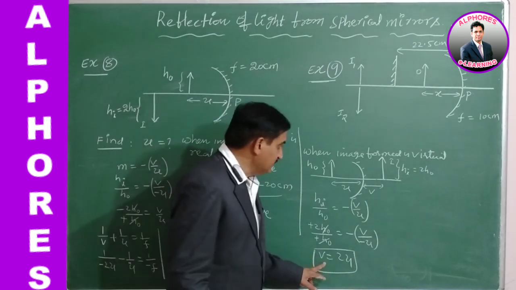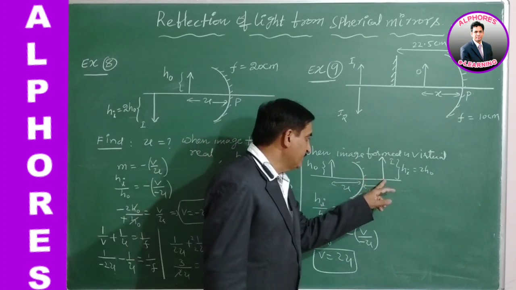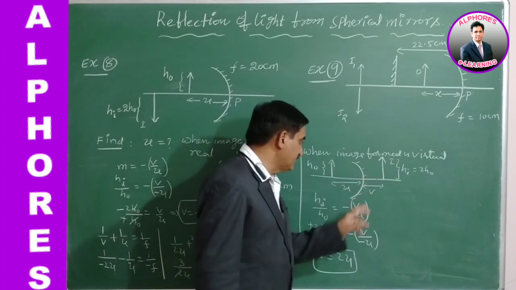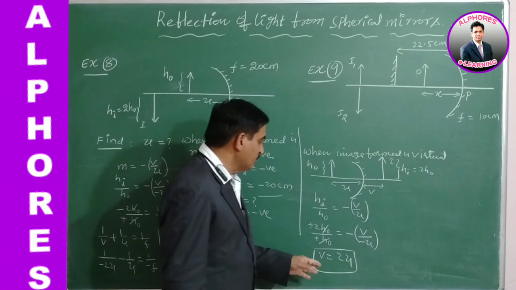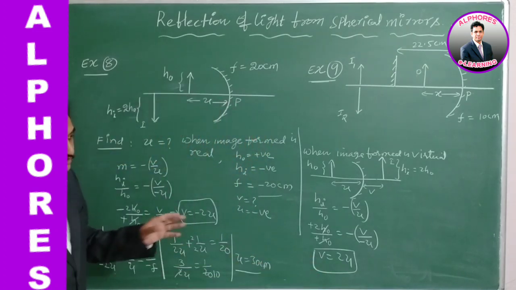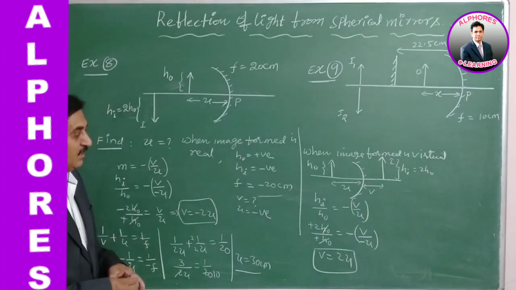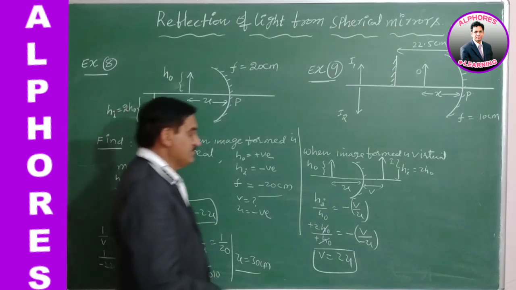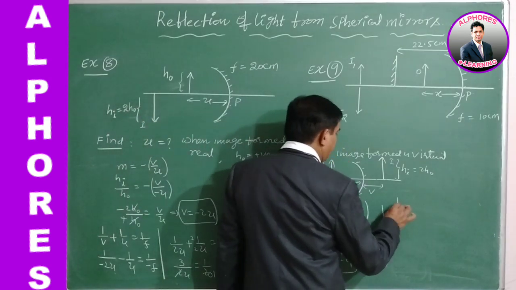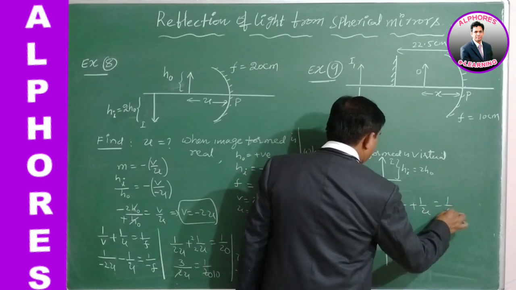Here this is a virtual image, so the image distance measured from the pole in the direction of the incident ray is taken to be positive. Whatever sign convention we expect is proved here in the answer. Then go for the object distance using the mirror formula, 1 by v plus 1 by u is equal to 1 by f.